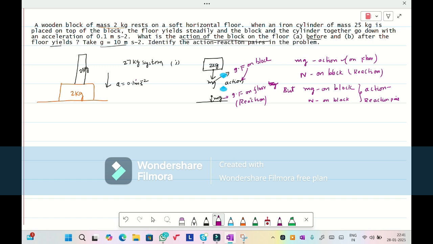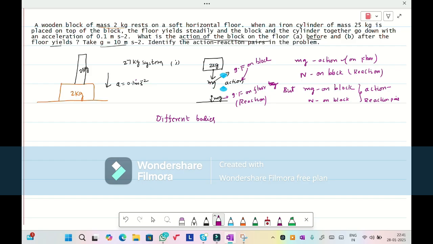According to Newton's law, action and reaction should act on different bodies. Action is the gravitational force on the block, and the same gravitational force on the floor is reaction.